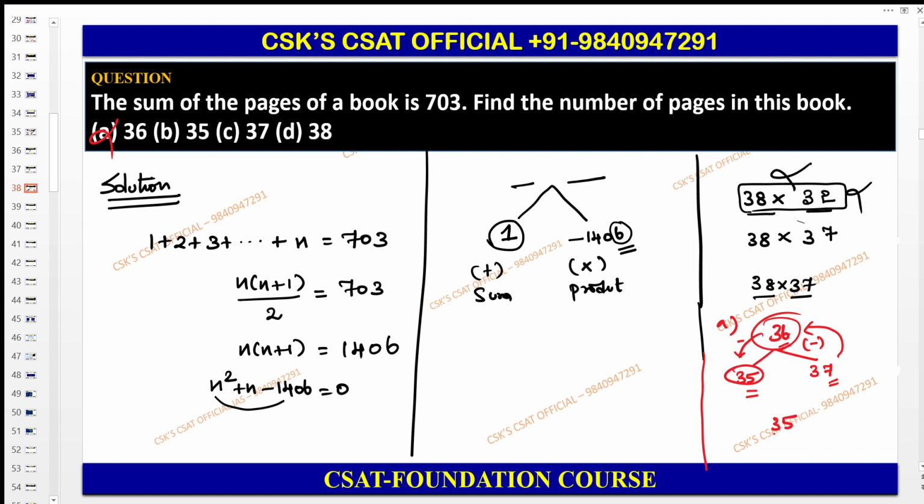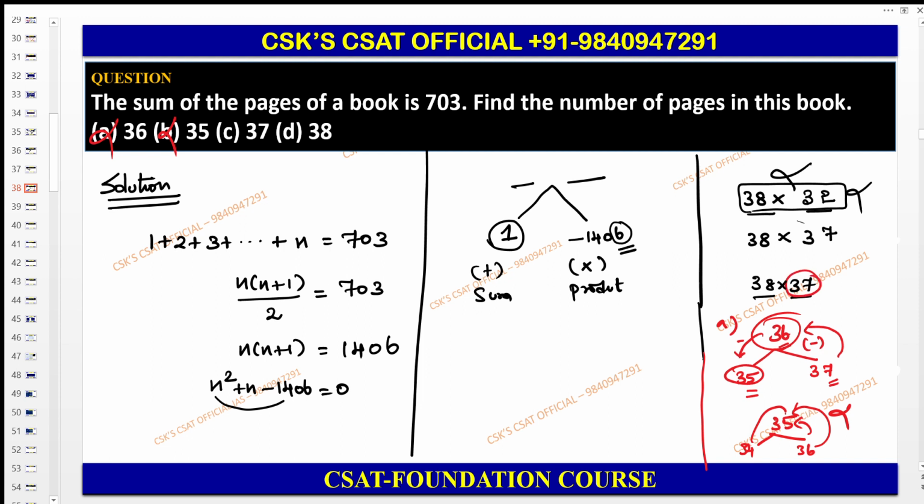Now 35. Now listen carefully. You need to get a 1. So then what is the possibility? 34 and 36. When you are multiplying the unit place, it will come 0, and here also it comes 0. We can eliminate. Simple, 35 also eliminated. Now let us move on with 37. So therefore the next number is 38.